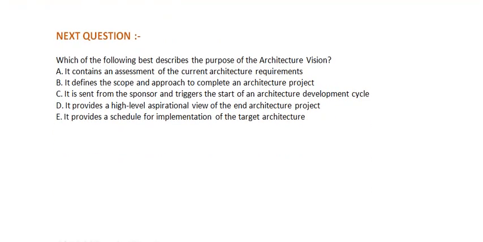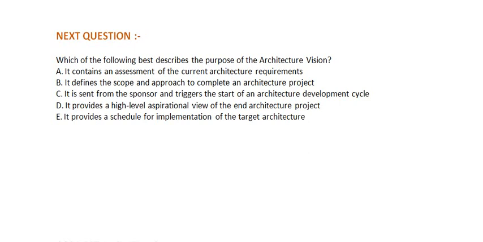Next question is: which of the following best describes the purpose of the architecture vision? Option A, it contains an assessment of the current architecture requirements. Option B, it defines the scope and approach to complete an architecture project. Option C, it is sent from the sponsor and triggers the start of an architecture development cycle.